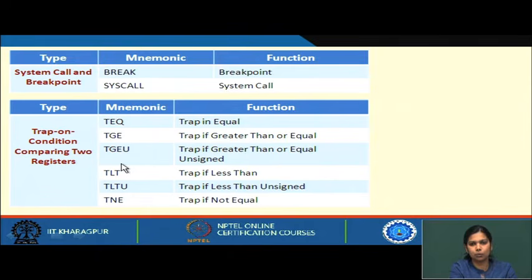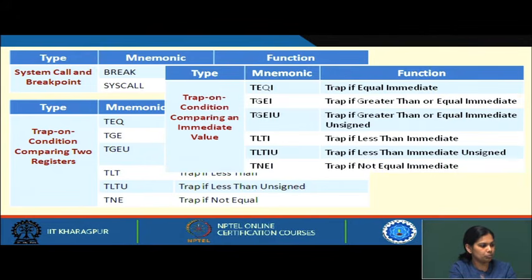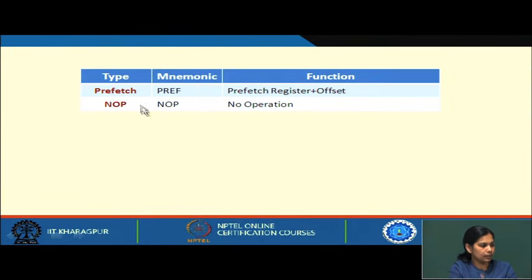These are some OS related instructions which are used if you want to request the OS for some requirement, and then the OS takes care of it. There are also various kinds of trap on condition comparing with an immediate value. These are some of those instructions, and this is prefetch and no operation.